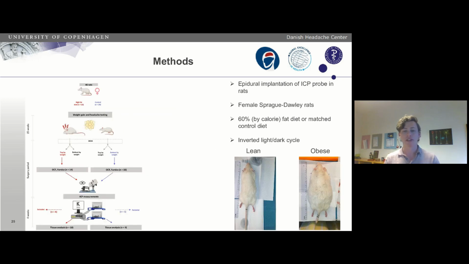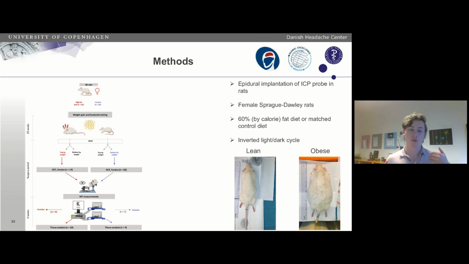So the methods here, we took female Sprague-Dawley rats. We fed them either a 60% by calorie high fat diet or a match control diet. We kept them in an inverted light dark cycle. So when it's dark for them, it's daytime for us. And we subjected them to a battery of tests.